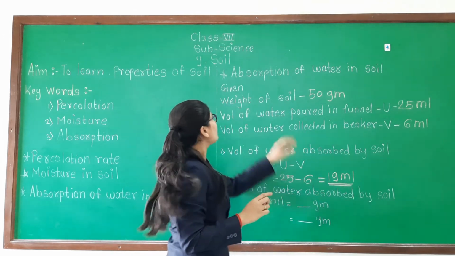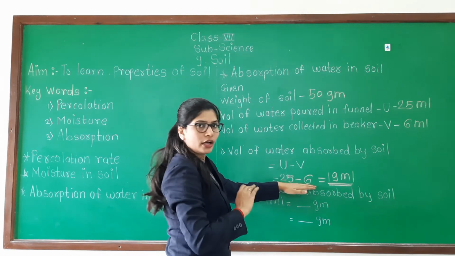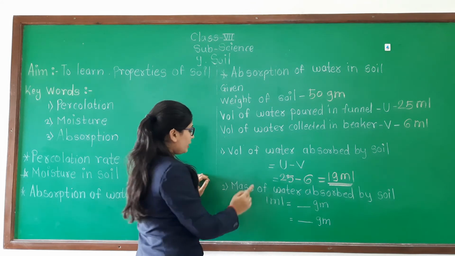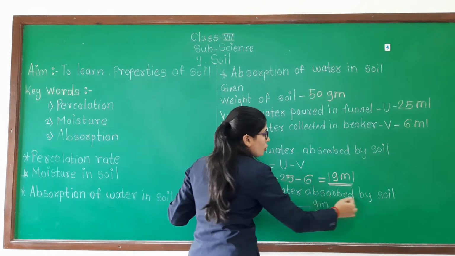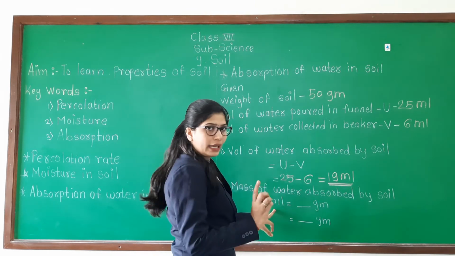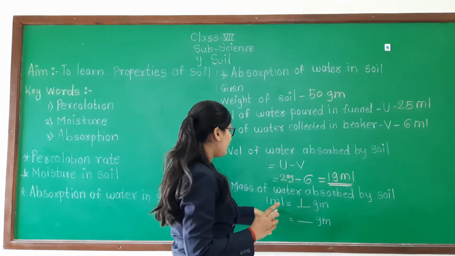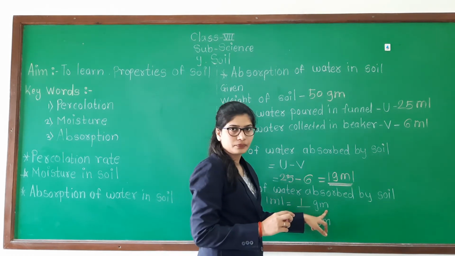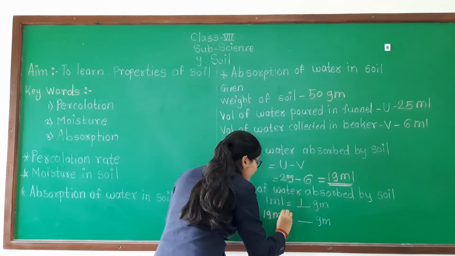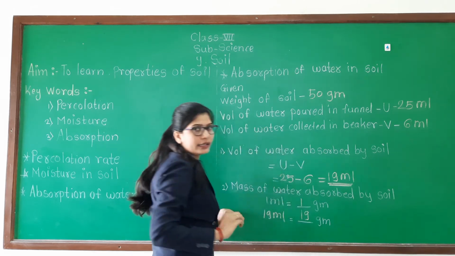We have to calculate the absorption rate, so here we have not finished. Now we have to calculate the mass of water absorbed by soil. See, 1 ml means 1 gram. Correct? 1 ml means 1 gram. Now 19 ml means how many gram? Yes, very good. 19 gram.